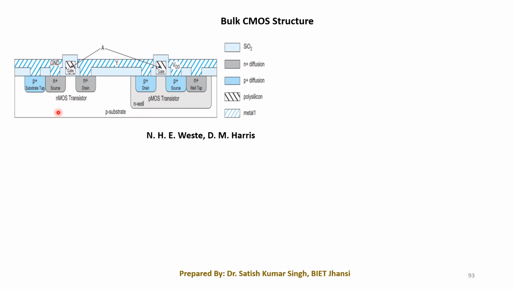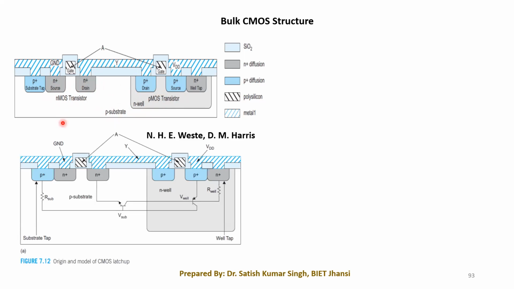For example, we can take this n plus, this p plus region, and this n well. Taking all of this together, it may form an npn transistor, by taking our drain diffusion lands.